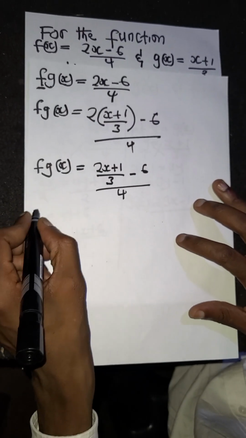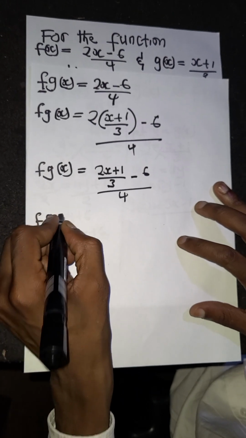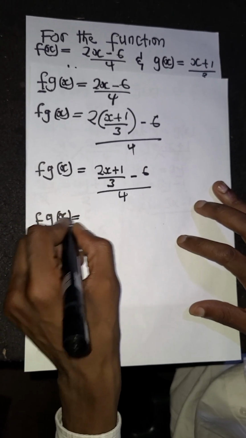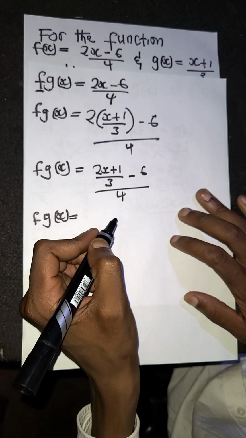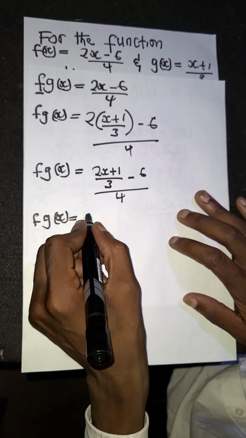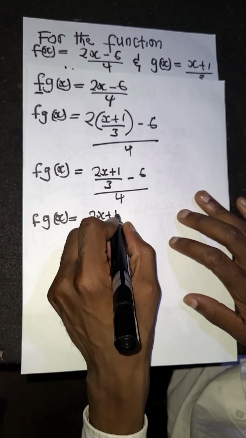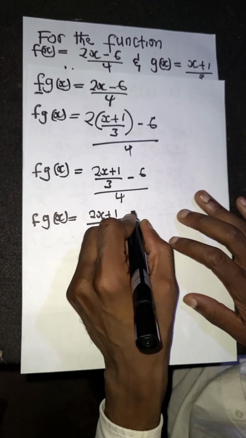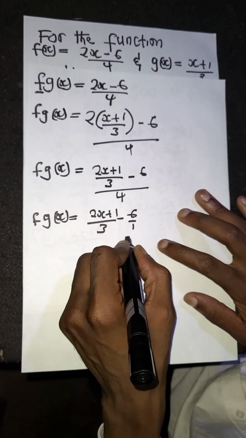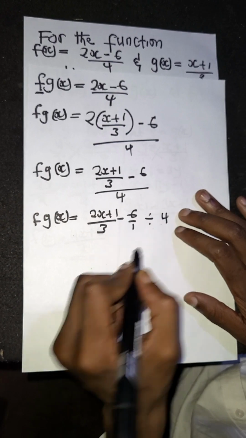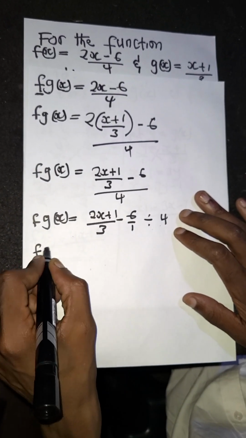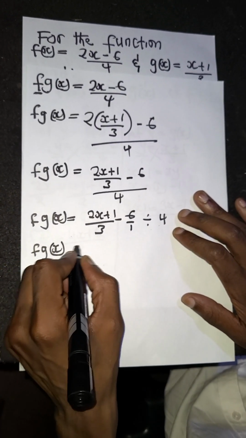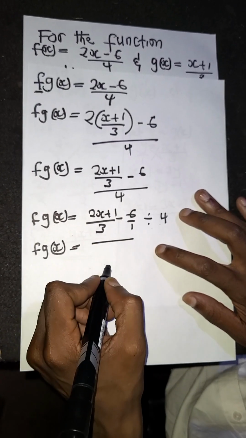Okay, next we can say fg of x is equal to, this one can be worked on by saying (2(x plus 1) over 3) minus 6 over 1, all divided by 4. So therefore we say fg of x will be, what is the common denominator here?